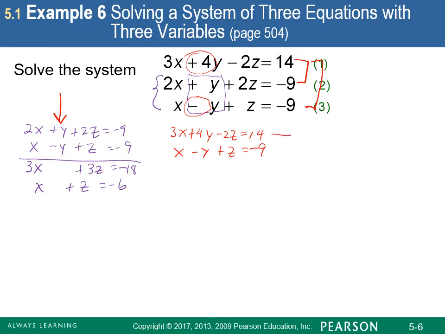In order for the y's to subtract out, we've got to multiply this bottom equation by 4. Leaving the top one alone, and multiplying the bottom one by 4, and adding.